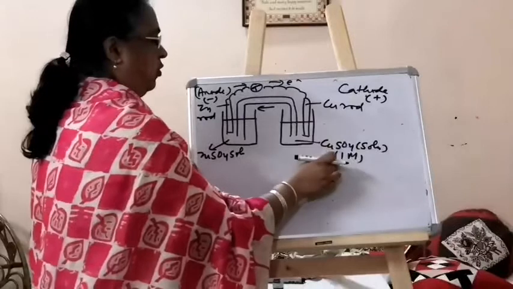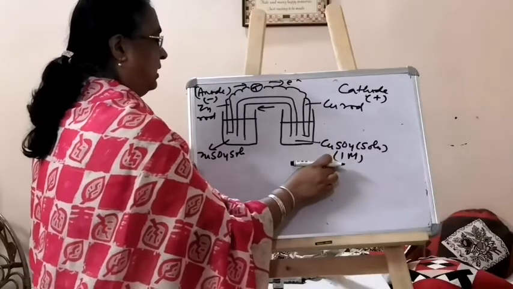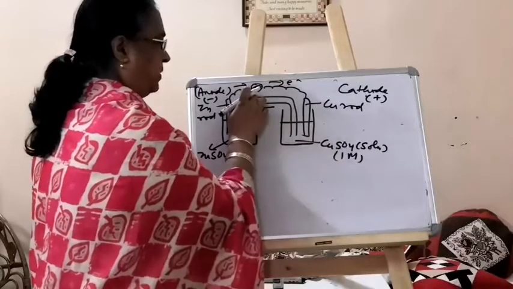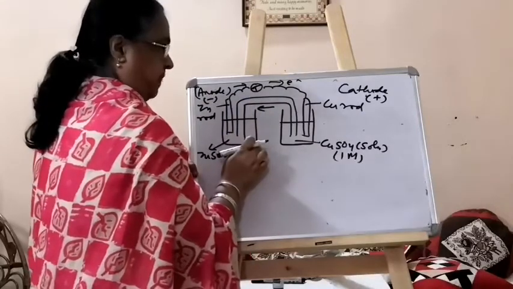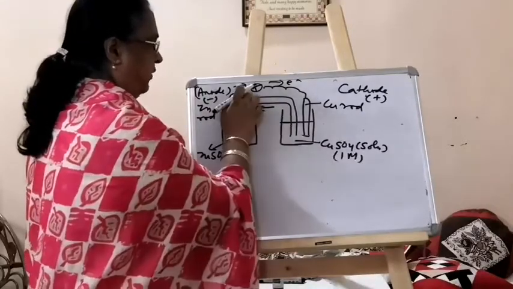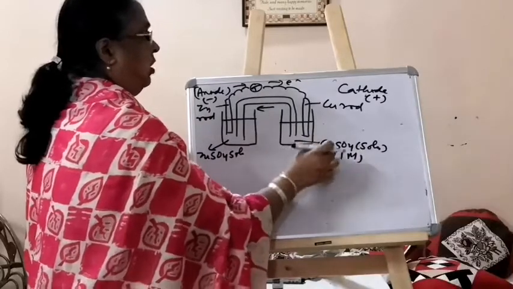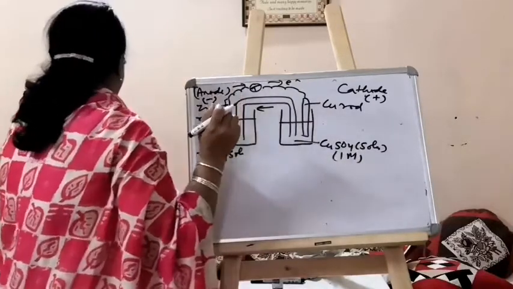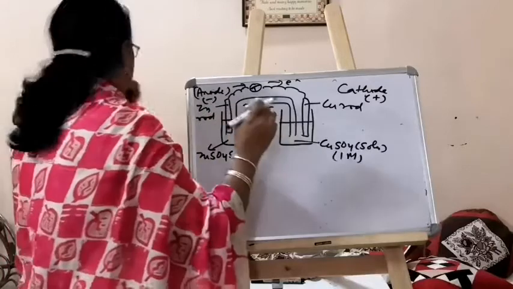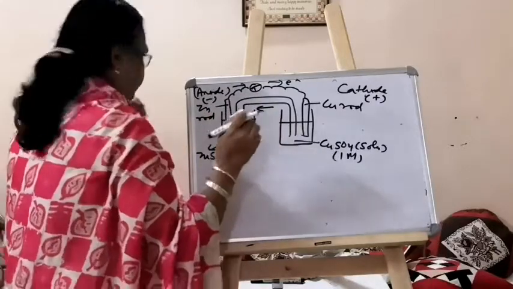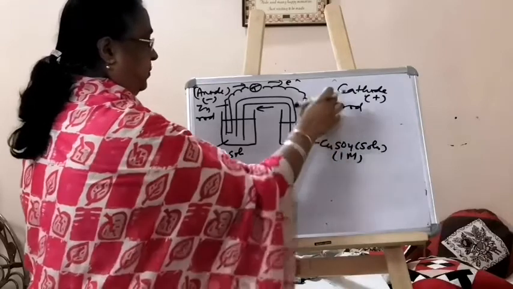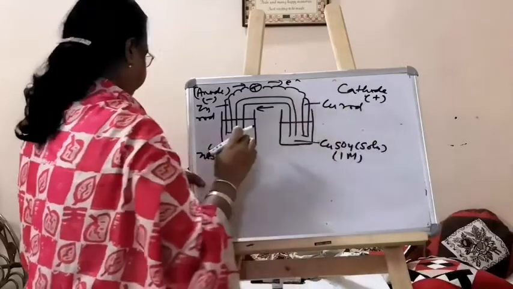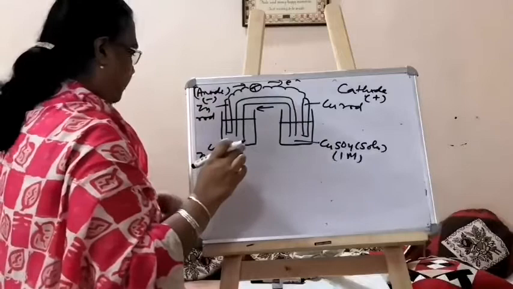If you want to know that of copper sulfate, then this side electrode potential should be 0. So if this side is 0, whatever reading you get will be the reduction potential of this cell, the cathode electrode potential.